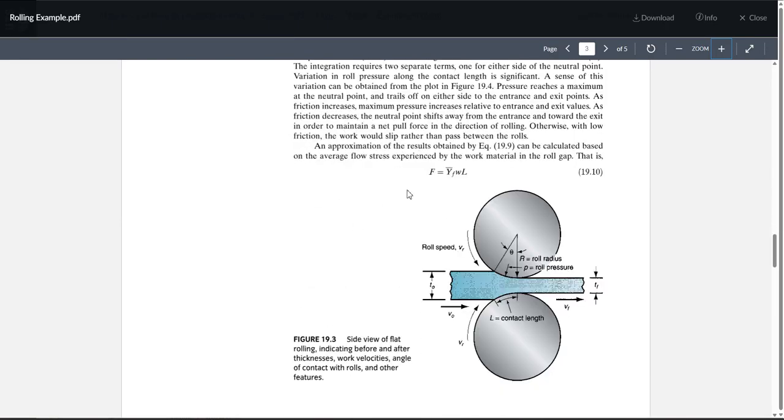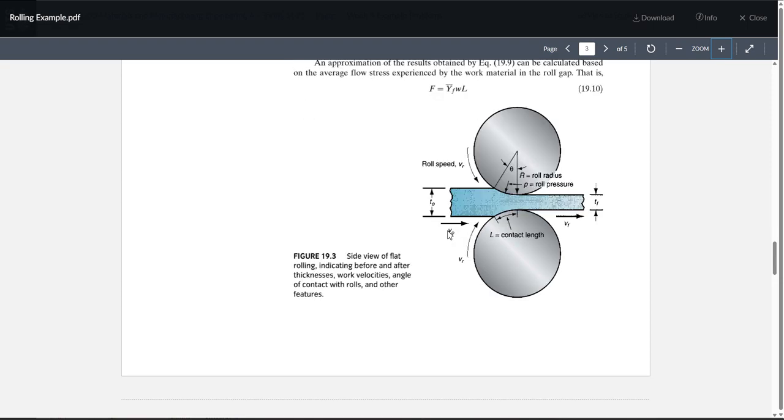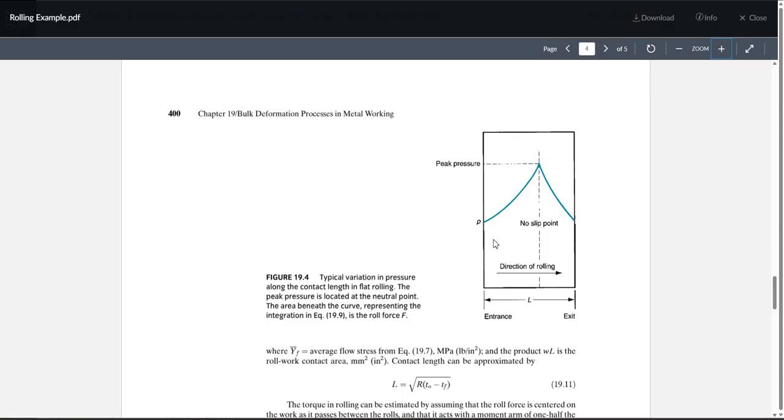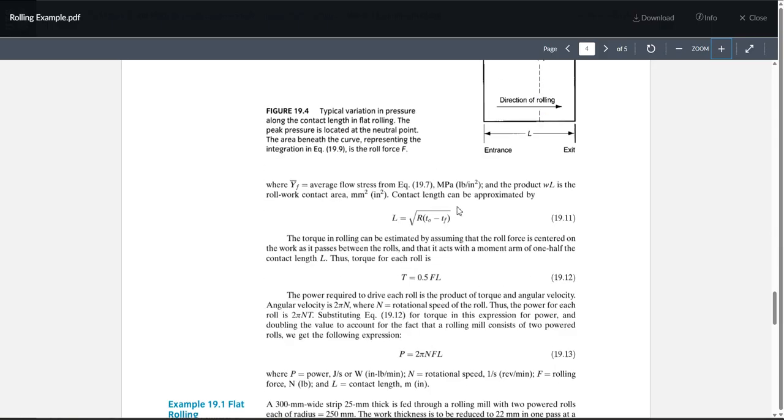The force is going to be equal to the average flow stress multiplied by the width multiplied by the L. L is not just simply the length, it's going to be a value calculating the length from this point to that point. And to do that, we have an equation here to do this calculation.